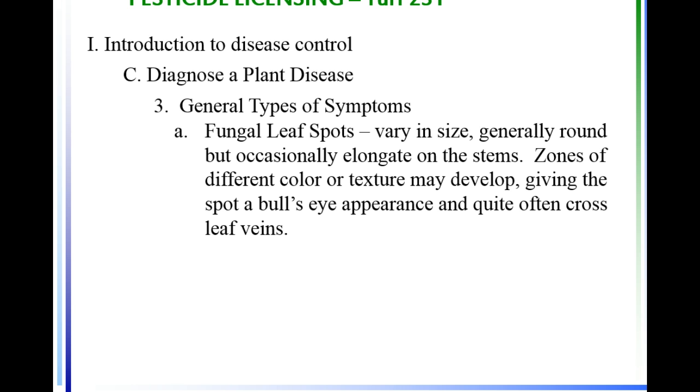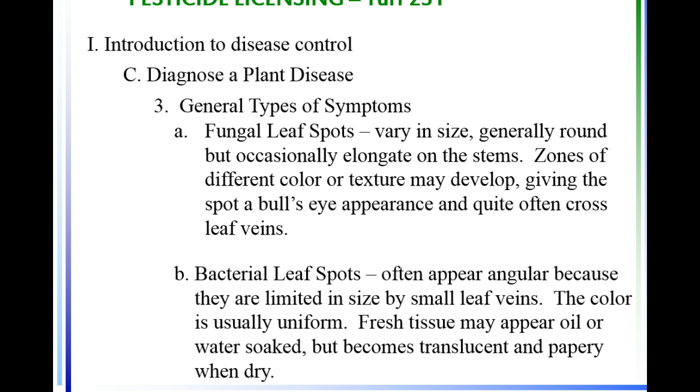You're probably going to get zones of different color or texture develop, and it's going to look more like a bullseye appearance, and it'll go across leaf veins. So it can be light in the center and a dark ring around it, or dark in the center with a lighter ring around it. But there'll be different symptoms for each different disease, so you want to look at what the exact symptom is.